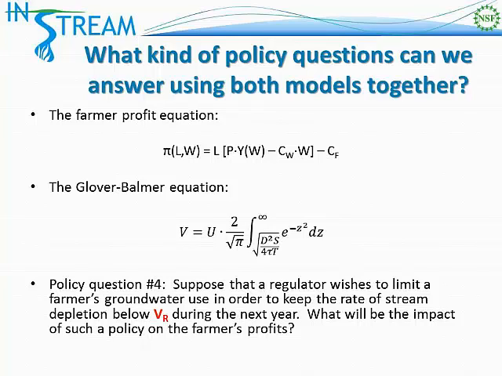Those would be the farmer's profits that would result from having a level of water use that would achieve stream depletion V sub R. And we can compare that level of profits to the farmer's profit maximizing level of profits that he would be able to achieve if he were not subject to this regulation where stream depletion must be kept below V sub R.